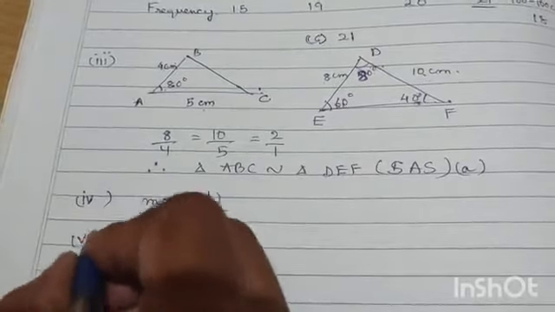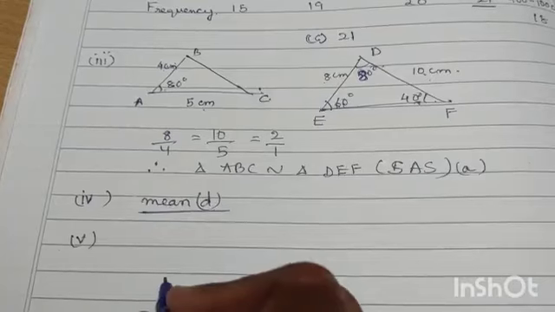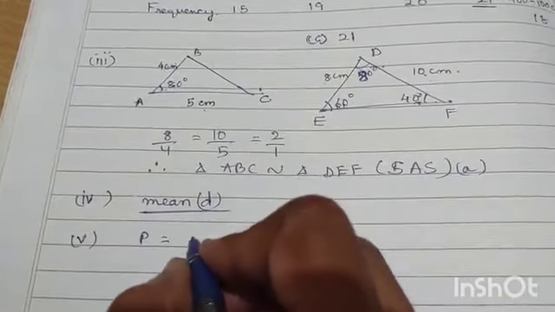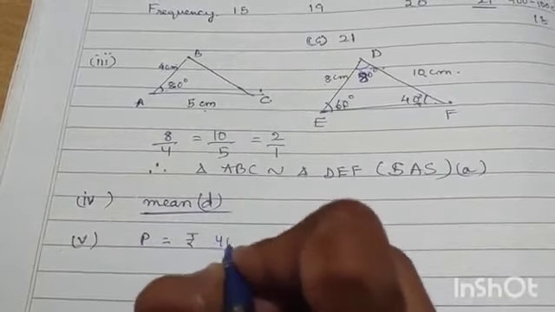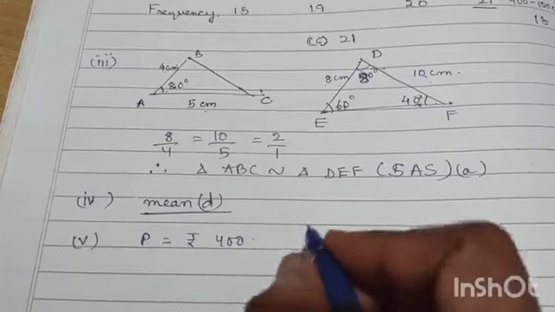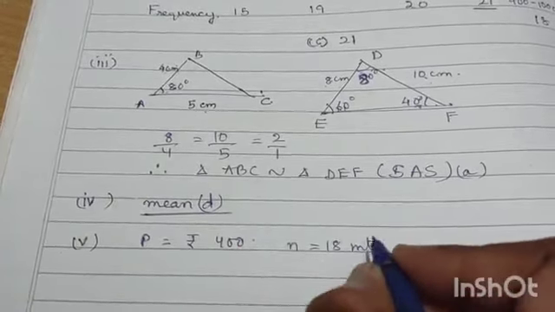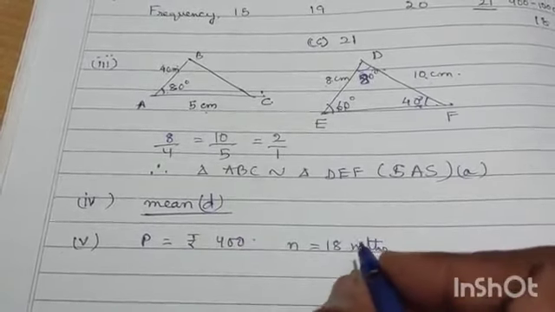Then bit number 5. Rima deposited 400 per month. So principal given is rupees 400 for 18 months. N is 18 months. Qualifying sum of money for the calculation of interest.